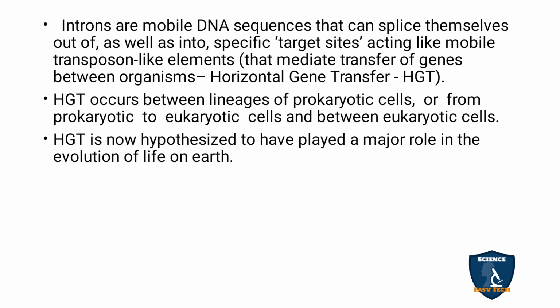What is the function of HGT and where does it occur? It is the lineage of prokaryotic genes. The intron is one of the functions, from prokaryote to eukaryote, HGT. Between eukaryotic and prokaryotic cells, it is a lineage, and HGT occurs between them.